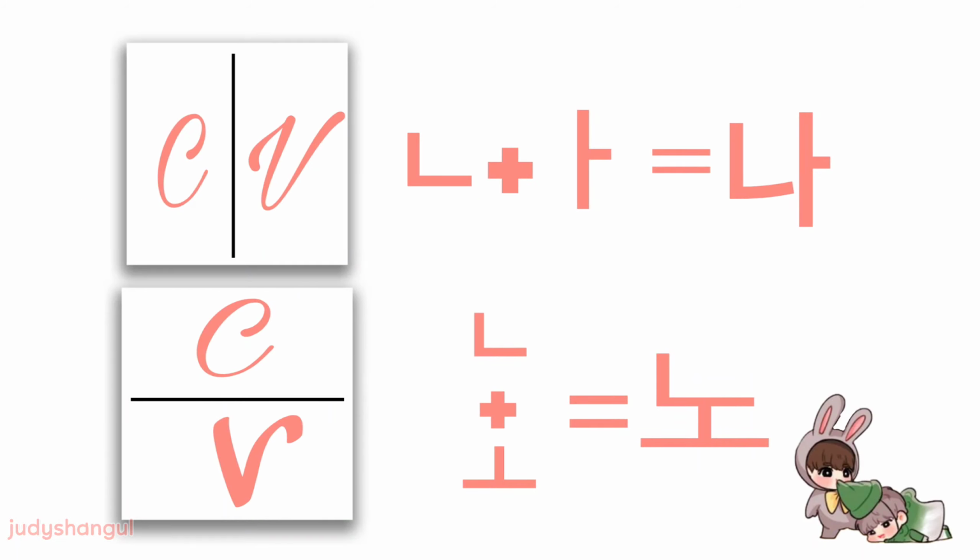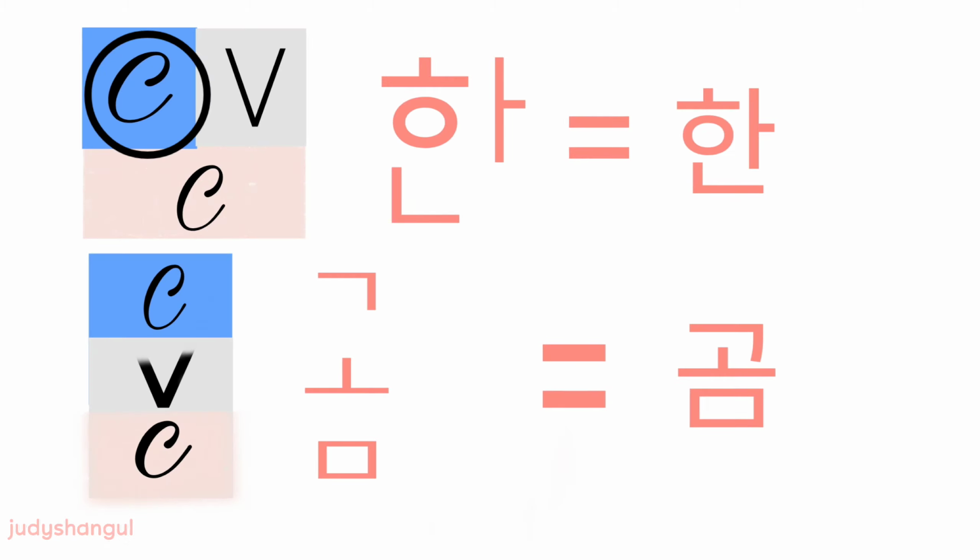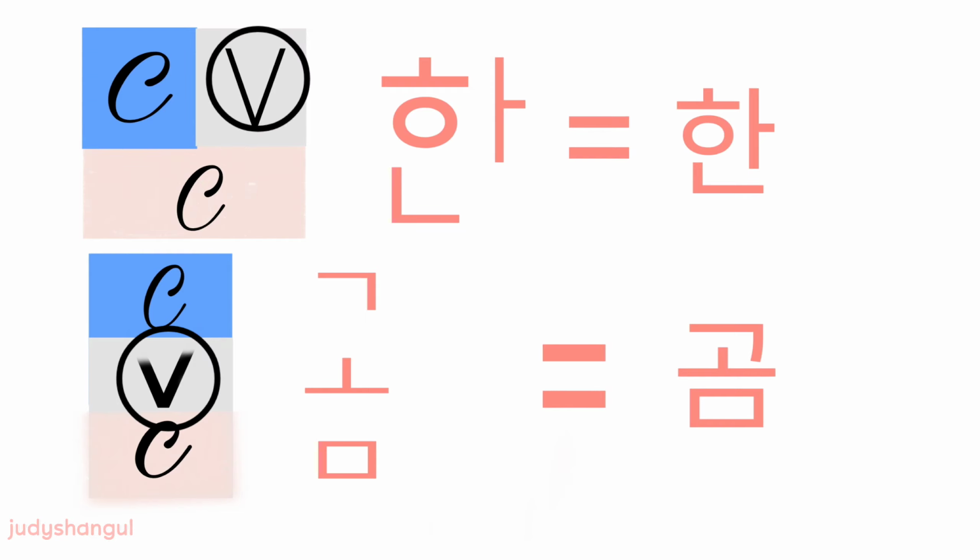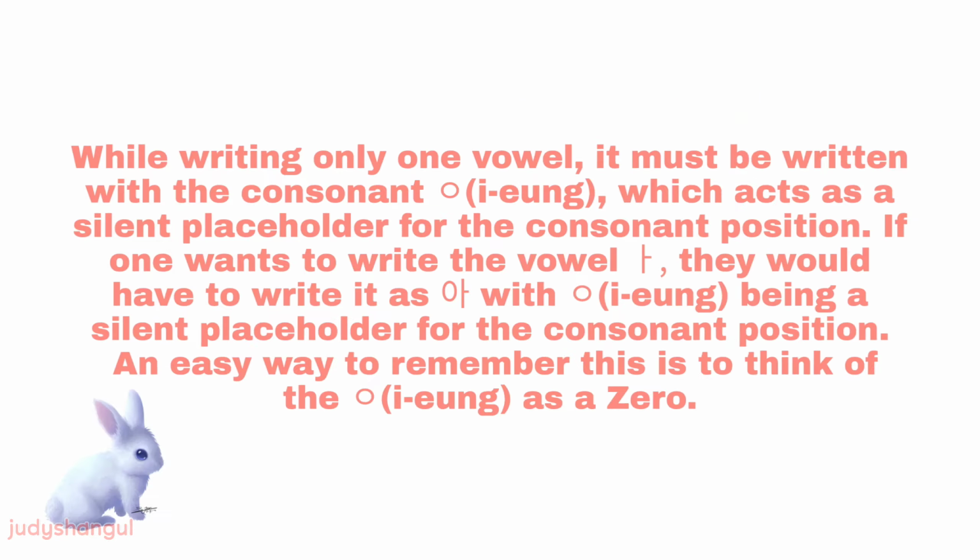Please look at the syllabic block. To make a syllable, we need a vowel, and the syllabic block consists of consonants and vowels. A consonant can be at the first and final position, and the vowel will be in the second position. While writing only one vowel, it must be written with the consonant ㅇ, which acts as a silent placeholder for the consonant position.